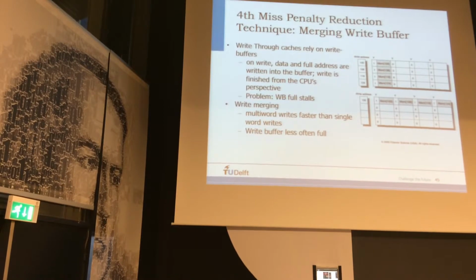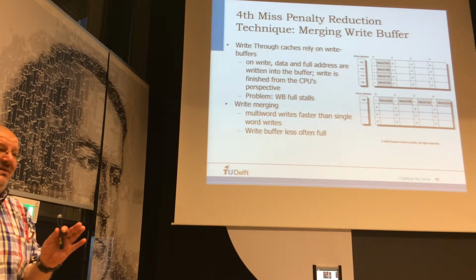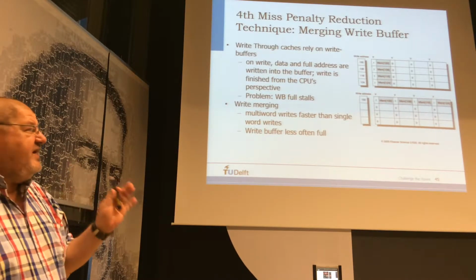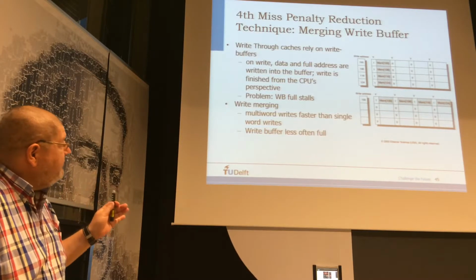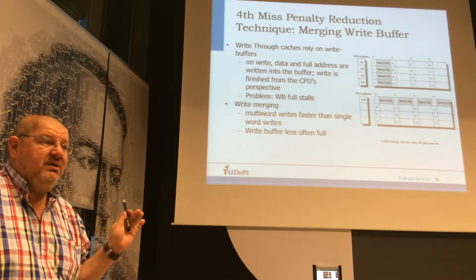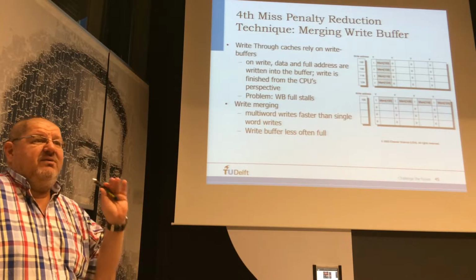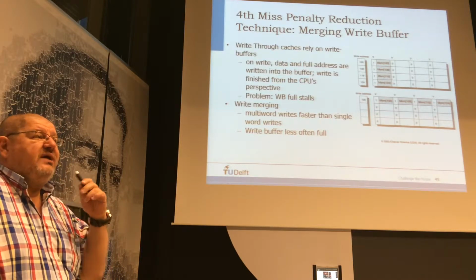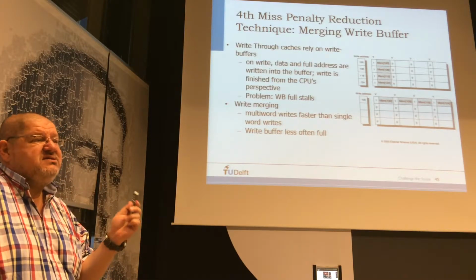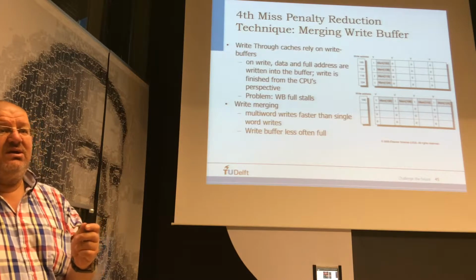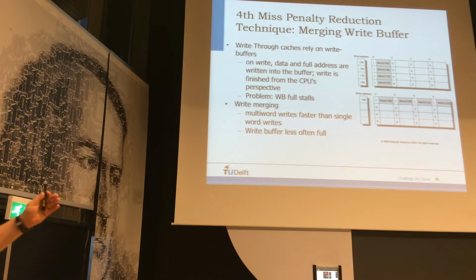Now, this is a trick which prevents the write buffer from getting full whenever you write locations which are sequential in the memory. A write buffer is organized in this way. This is an example.